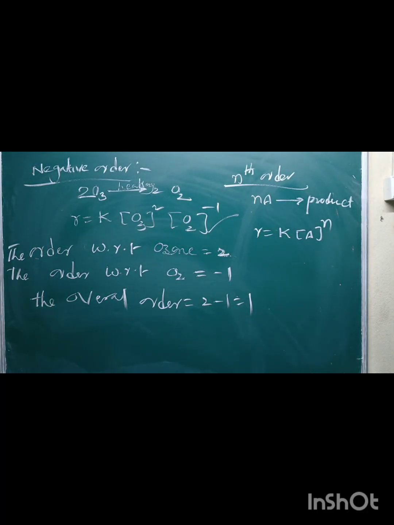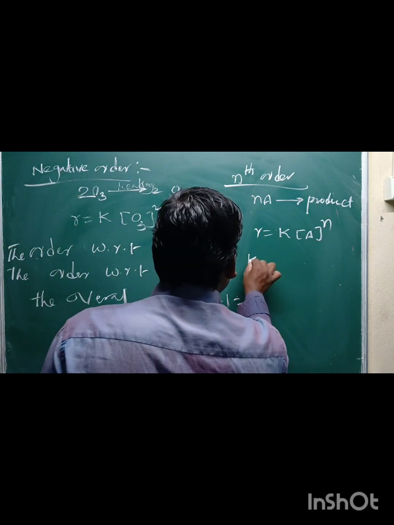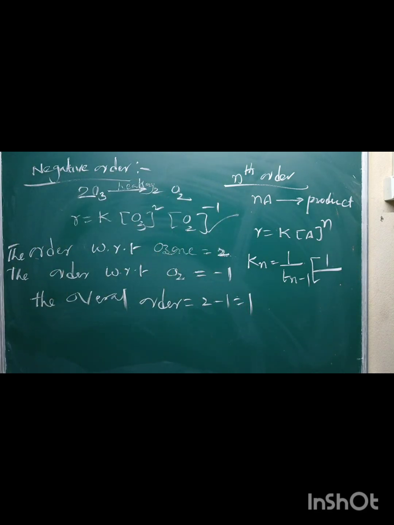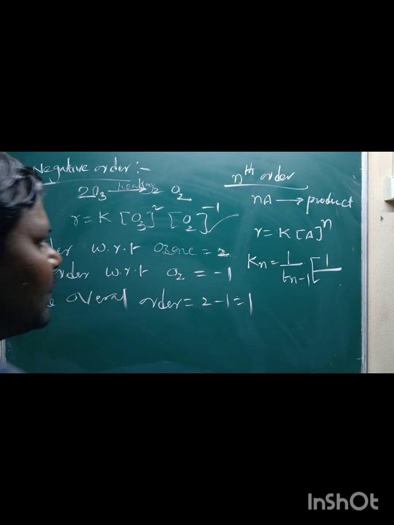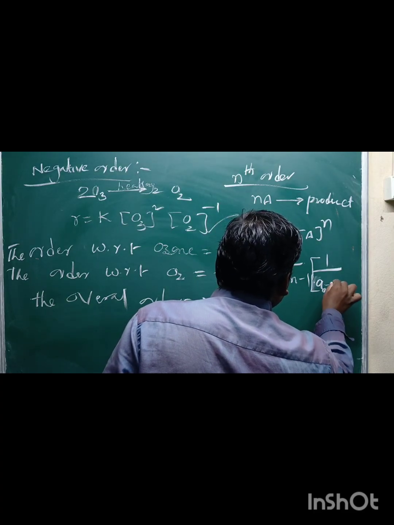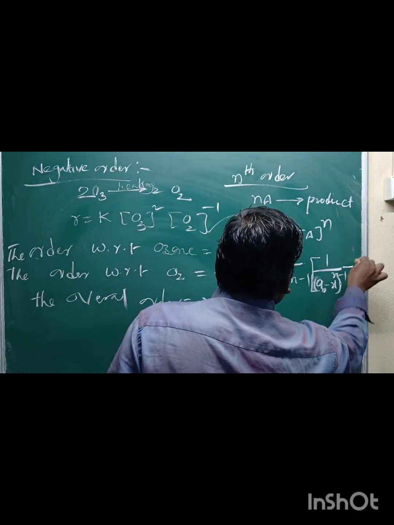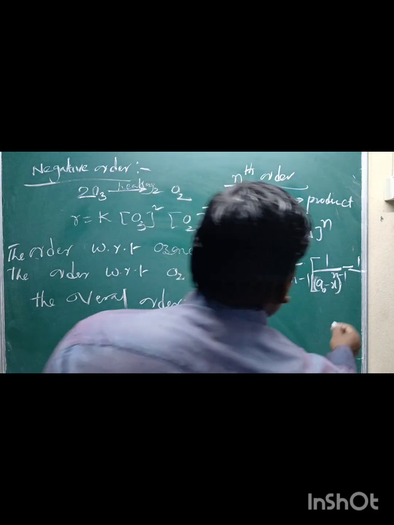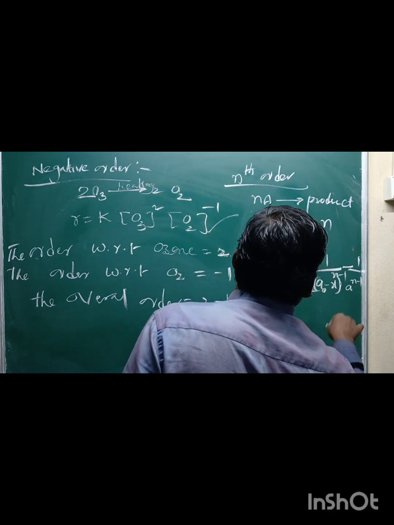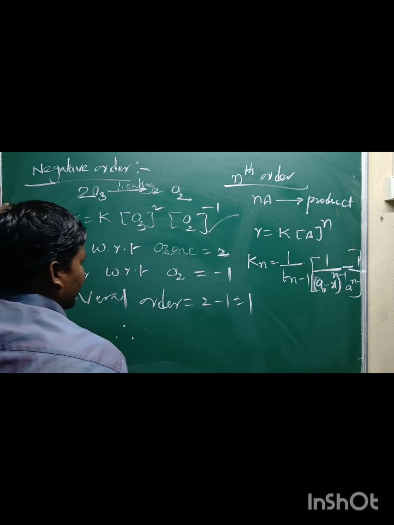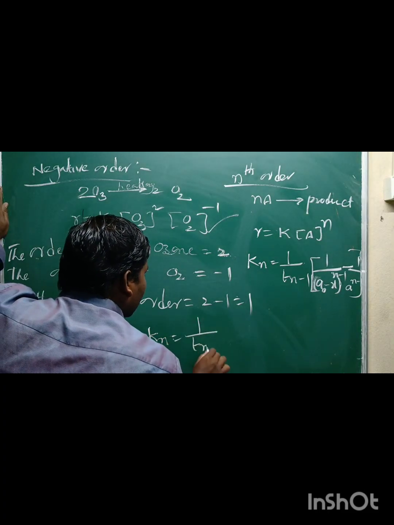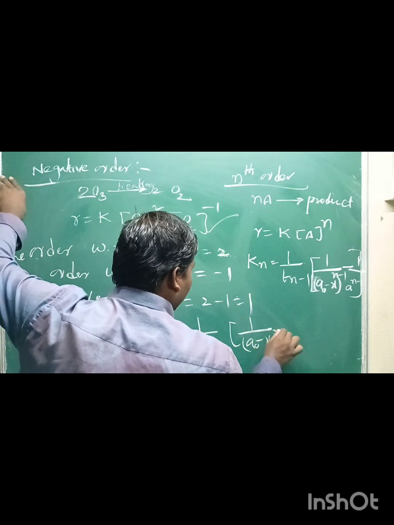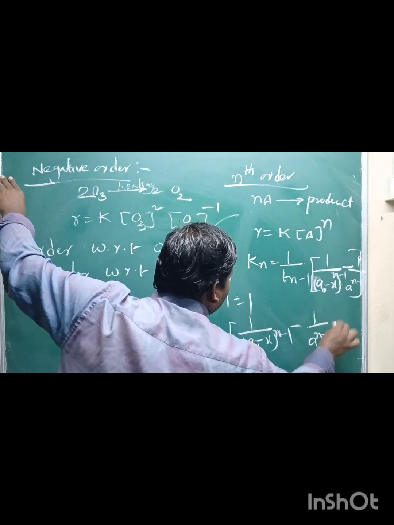The formula of nth order is Kn is equal to 1 by (n minus 1) t into [1 by (A0 minus x) power n minus 1 minus 1 by A power n minus 1].